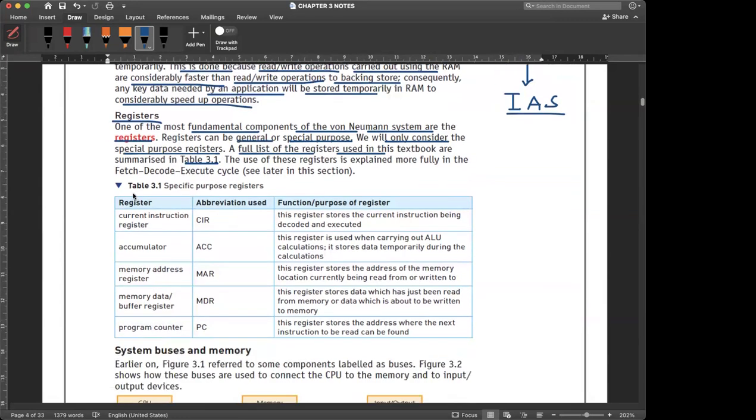So here is table 3.1, and you see some specific purpose registers. I told you, what are registers? Registers are the temporary memory which stores our data, instructions, you can say. Are you getting it? Yes. Do you remember in chapter number 1, conversions? I drew the boxes, and I always said, what are they?